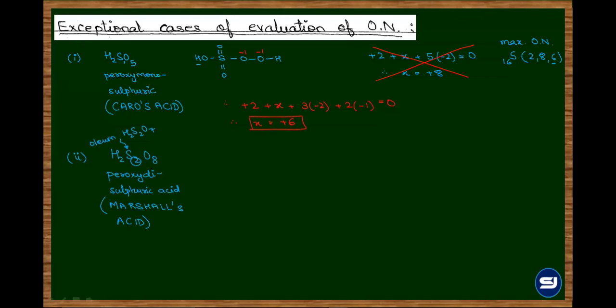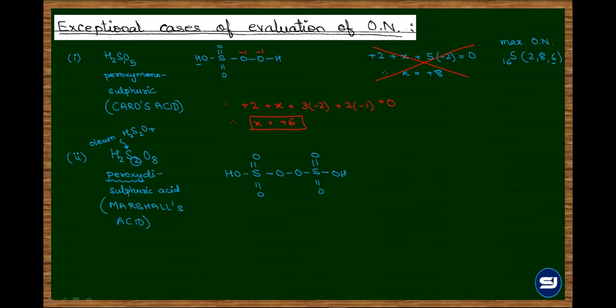Again, out of the 8 oxygen, there will be 2 oxygen having a single peroxy linkage, and the structure of this is HO, S double bond O, OO between the 2 sulfur, and then similar to the sulfuric acid part, you can see this part remains the same.